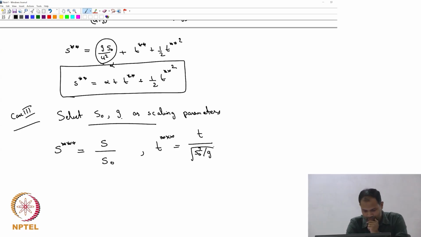What is that? Root S naught by G. Yeah, that's also fine. So root S naught. What is meant by root S naught? Root of S. Correct. Now write.